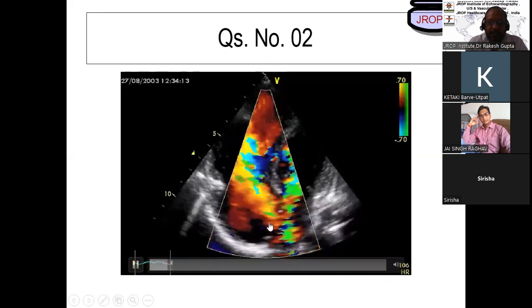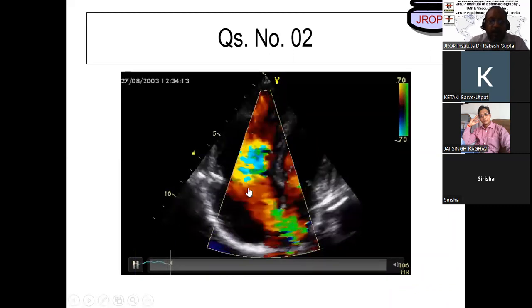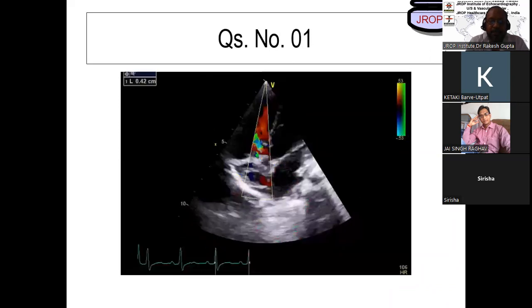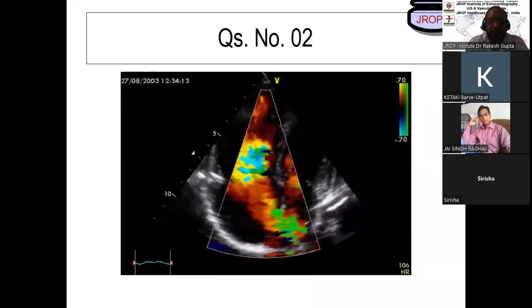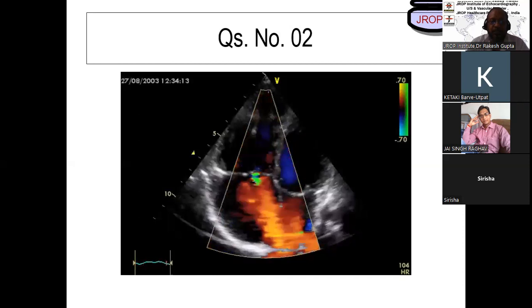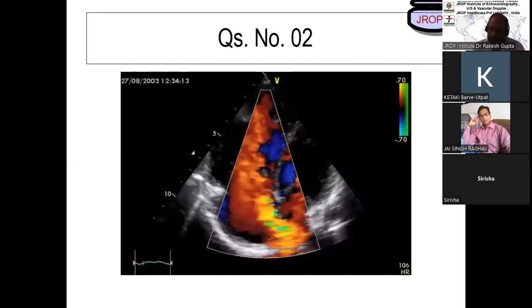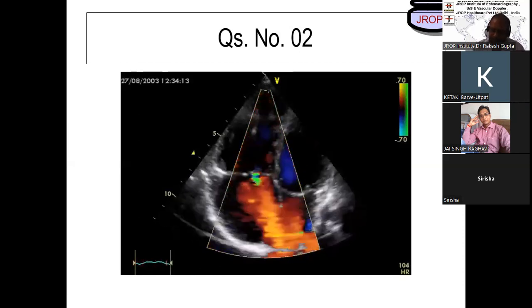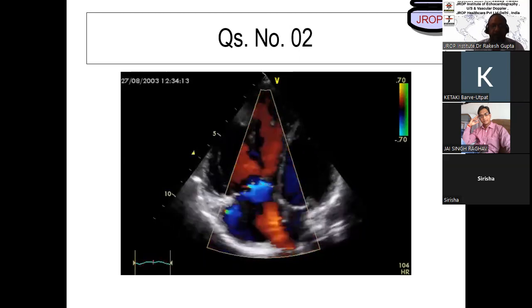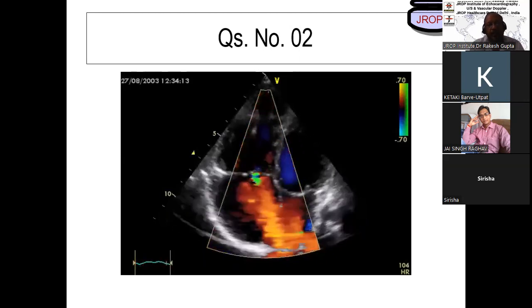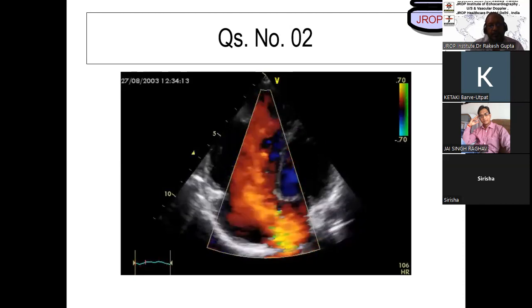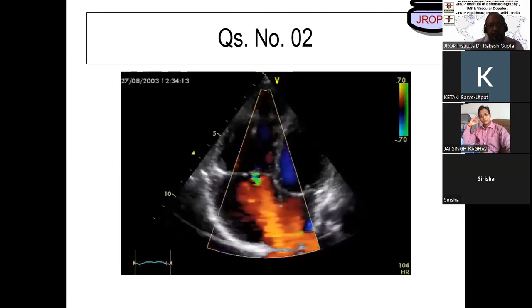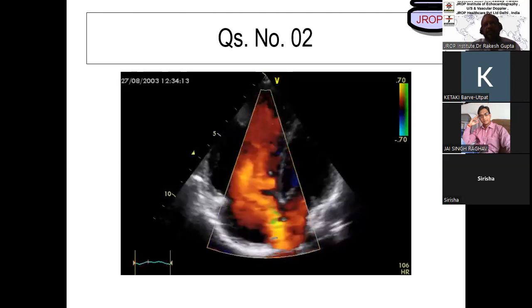Correct? Yes, sir. So one more important thing. How do you say that this tricuspid regurg is significant or non-significant? That will give you an additional 1 mark. Sir, if TR is severe, the flow from left to right is reduced, like it won't be there with RA pressures going high. TR is severe.